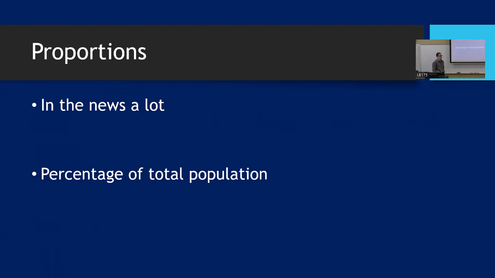So like 90% is written as 0.90, or 7% is written as 0.07. Okay. And I bring those up right now because obviously there's a lot of polling that's done. And if you watch the news a lot, there'll be a lot of polls that are shown and things like that. But yeah, it is a percentage of the total population, proportion. Okay.